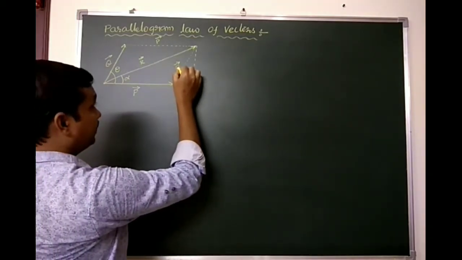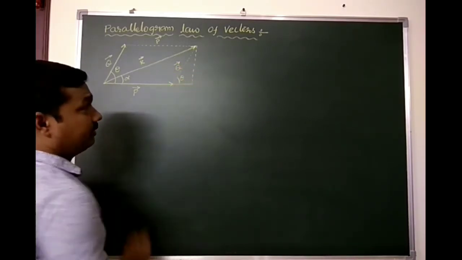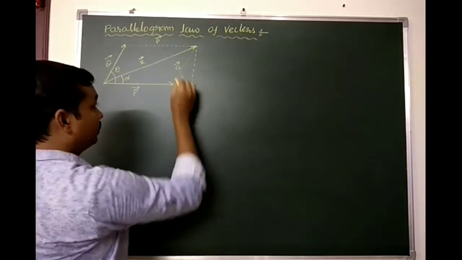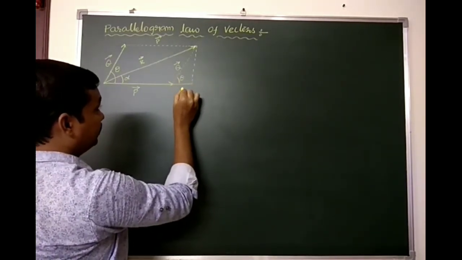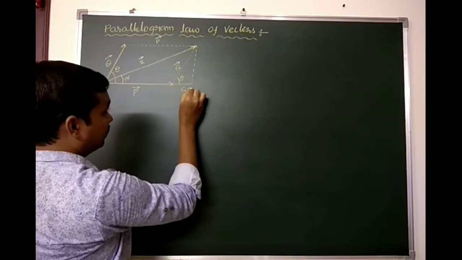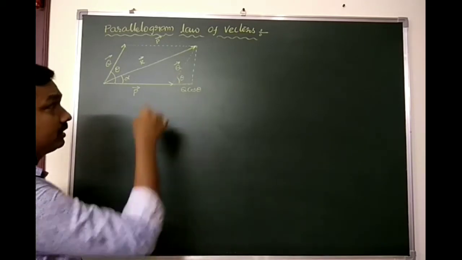Q is making an angle with the horizontal line, so according to resolution of vectors we get a component Q cos theta along the horizontal direction.